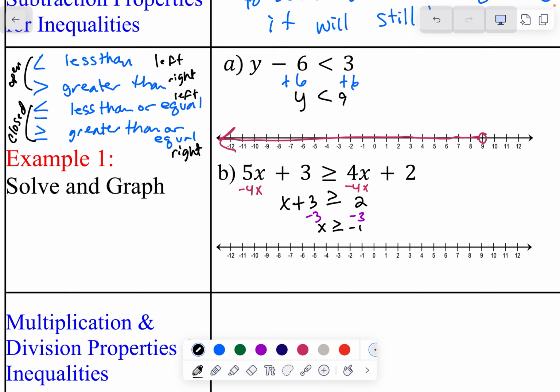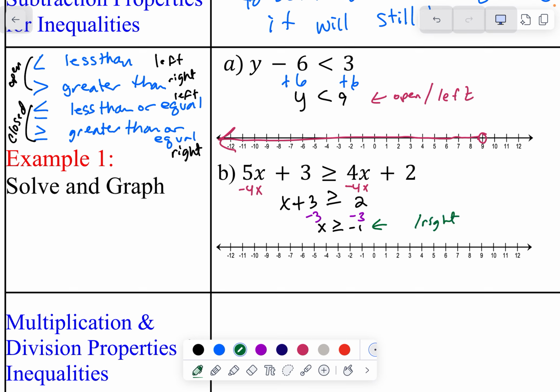Now our top one was an open circle, and we shaded to the left. Now, the open circle was because we didn't have an equal to bar. The left was because we had a less than. For 1b, we have a greater than or equal to. The greater than is going to shade to the right.